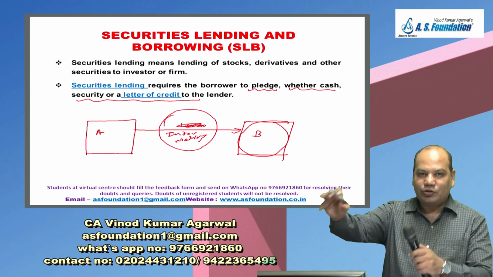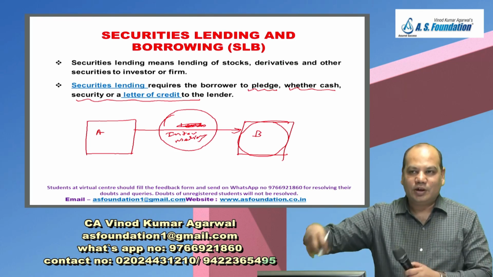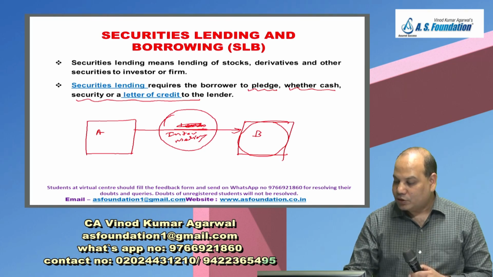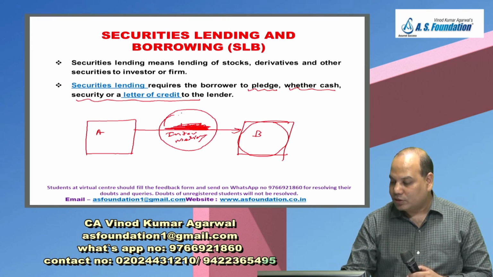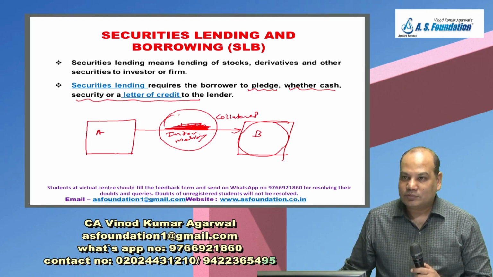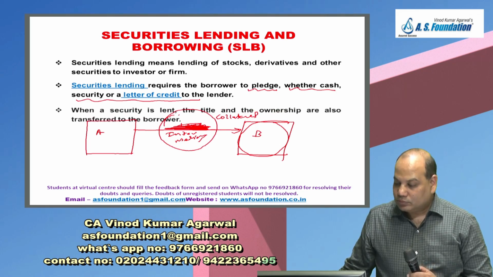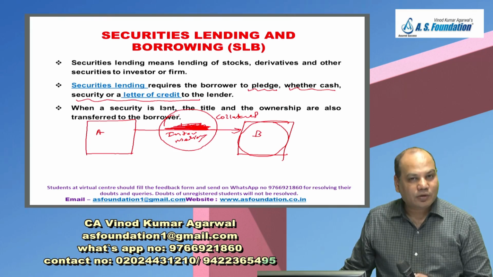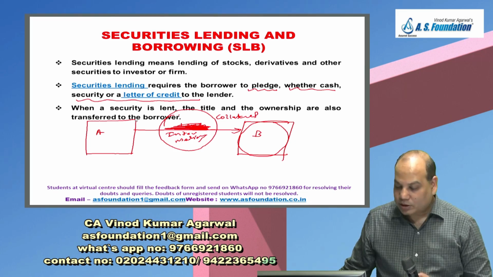A will just lend his share to the intermediary, and that intermediary will lend shares to B. And B will deposit some collateral with the intermediary as a guarantee that B will return the shares back. So the security can be a government bond, bank FD, or it can be a letter of credit, meaning guarantee, or a bank guarantee.